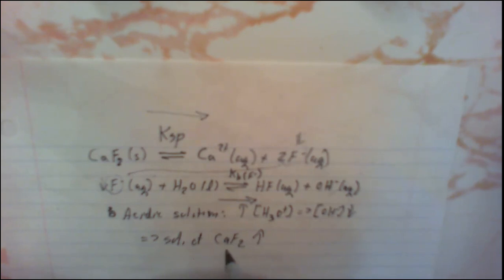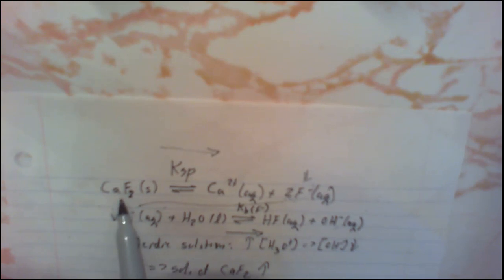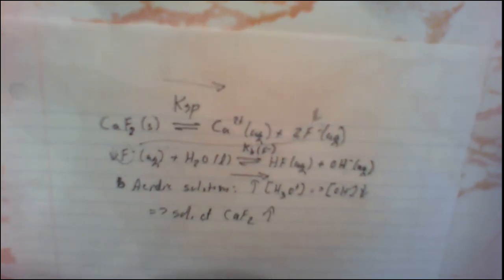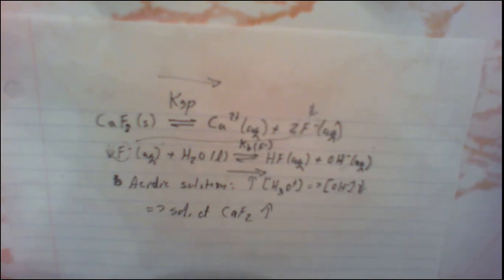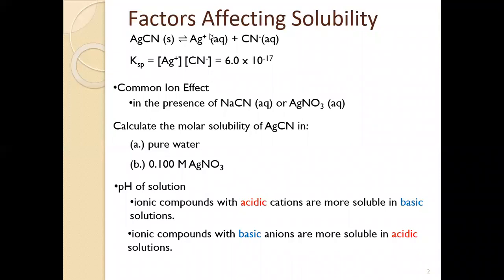And we could prove the same thing of ionic substances with acidic cations, which are going to be more soluble in basic solutions. So in short review, we have our common ion effect.